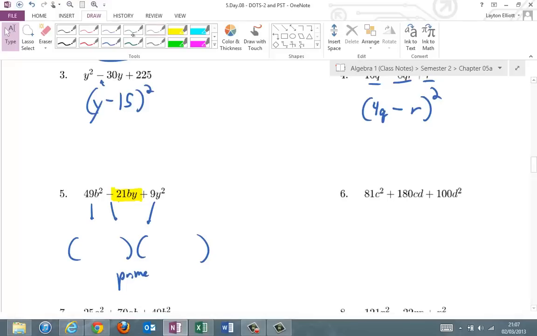Number 6, a lot of big numbers there. Let's look for a greatest common factor. 81, 18, and 100. No. Now let's check perfect square trinomial because I see a perfect square here and a perfect square there. 9c, 10d, plus, and if I do 9 times 10, I get 90 times 2 is 180. And that is a perfect square.